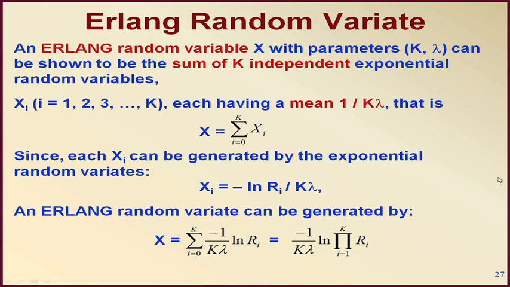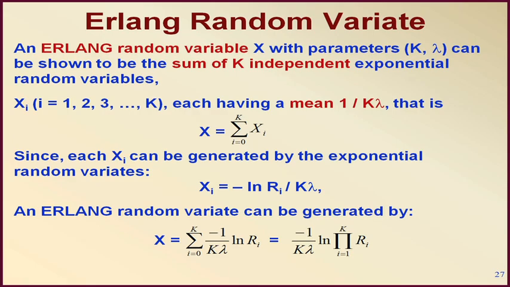Now, let us look at what is known as the Erlang random variate. We have not discussed this Erlang random variate while we discussed queuing, but it is a very important distribution, and it particularly arises when we have k independent exponential random variates, right.